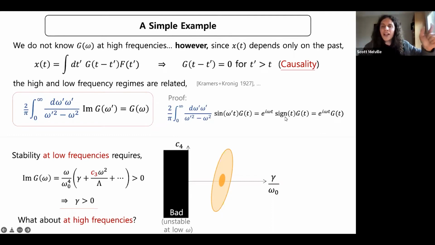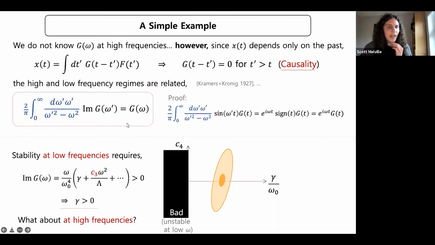Whether t is positive or negative, you will get plus e to the i omega t or minus e to the i omega t, right? But now, because g is a causal function that vanishes for any negative argument, it doesn't matter. This plus or minus sign is always plus. So it's easy to show, right, that this special integral that we're doing really just removes the imaginary part. It turns the sine of omega t into an e to the i omega t.